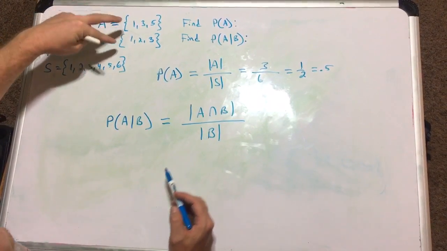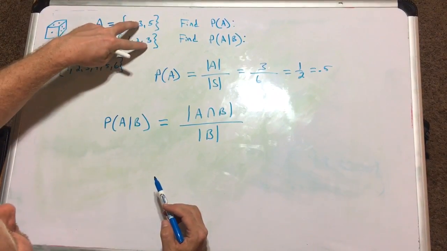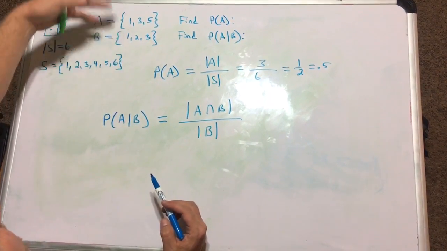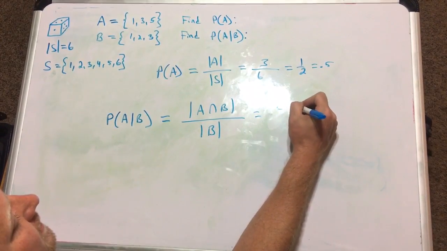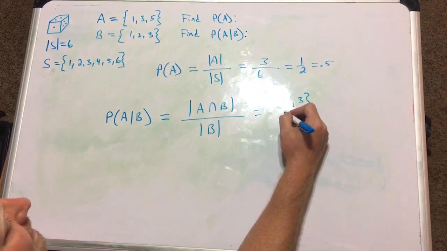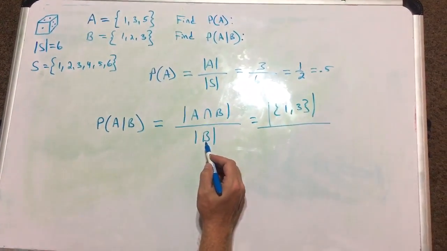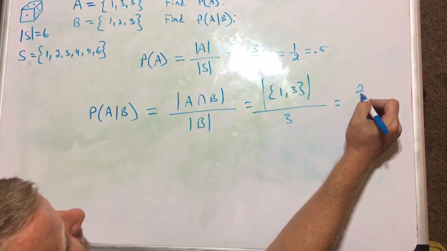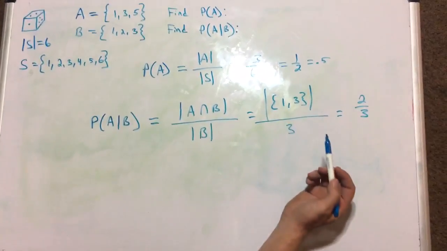You have 1 and 1, they intersect. 3 and 2 do not, or actually 3 does. So 1 and 3 are both intersections. So you actually have a set of 1, 3, and its cardinality divided by the cardinality of B, which was 3. That is equal to 2/3, because there are 2 elements in the intersection.